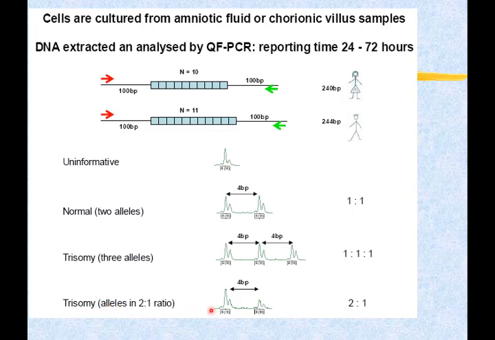Now, sometimes 2 alleles are the same, homozygous, so it gets a higher peak, and the third allele is heterozygous, so we see a 2:1 ratio, where the trisomy allele 2:1 occurs.